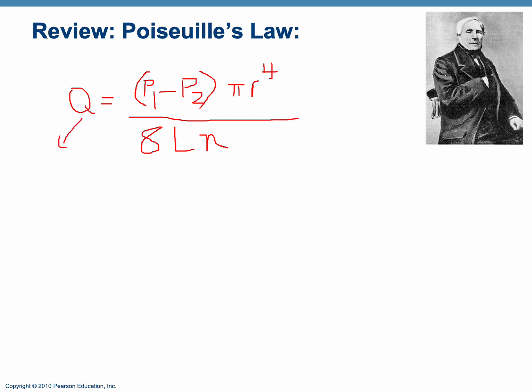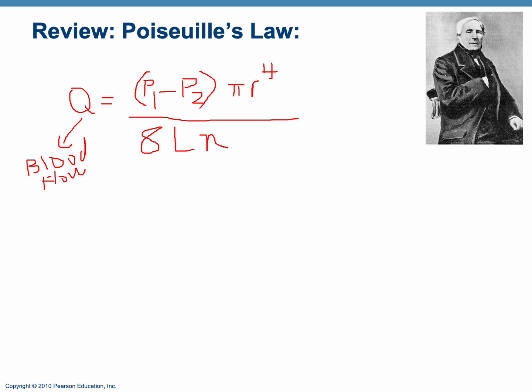Well, Q is ultimately referring to blood flow. So Q is referring to blood flow. How fast is the blood moving through a blood vessel?